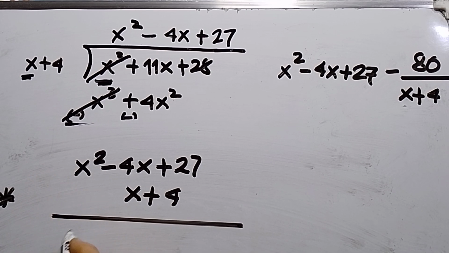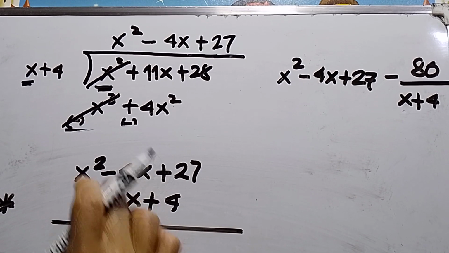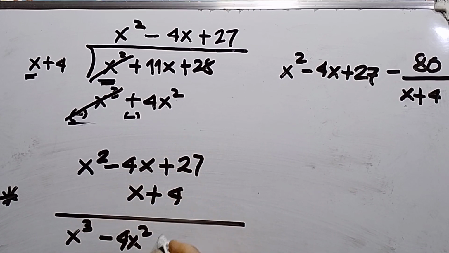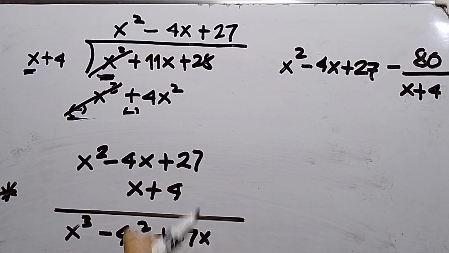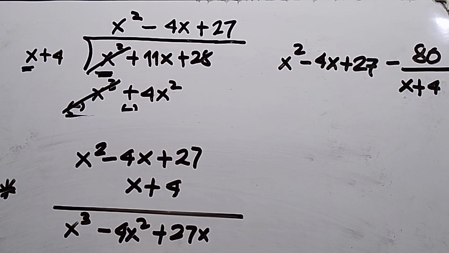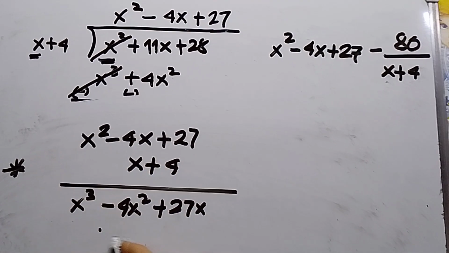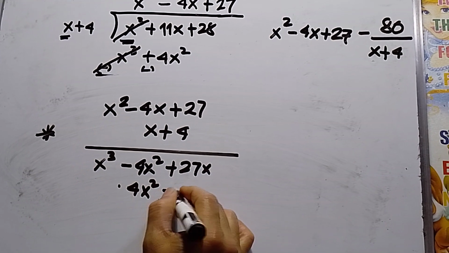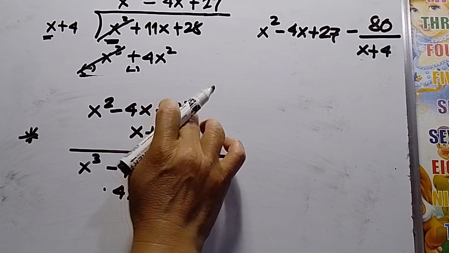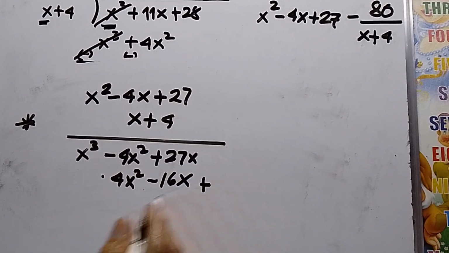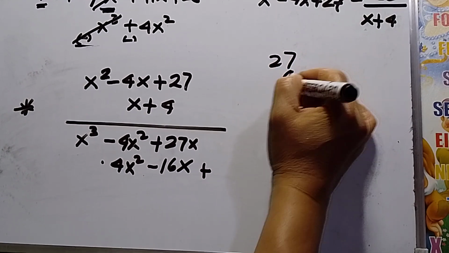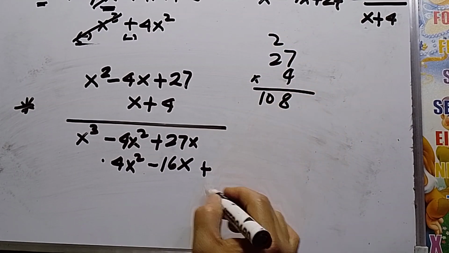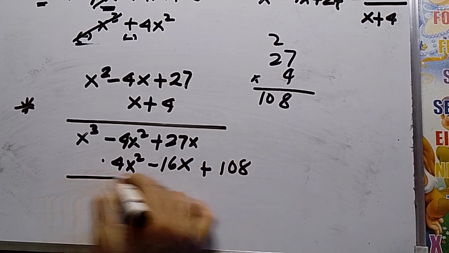So this will be x cubed minus 4x squared plus 27x, plus 4x squared, minus 16x, plus 108. 27 times 4. This is 28 carry 2. Yeah, 108.